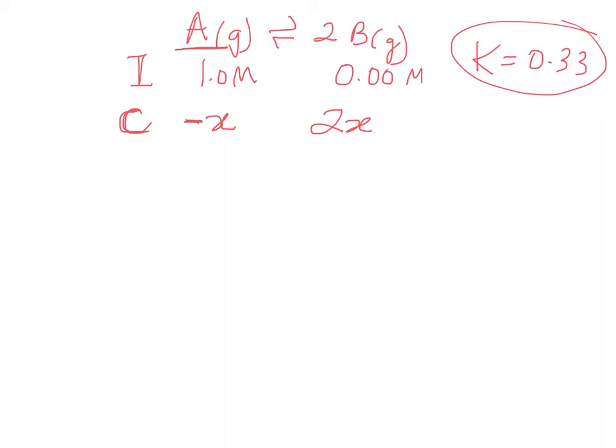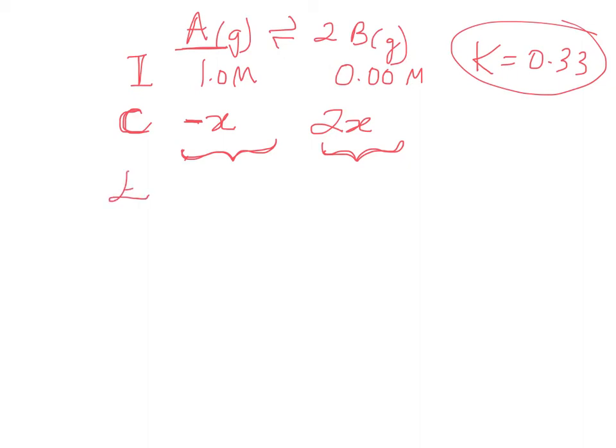Since I know nothing about what goes on at equilibrium, I'm just going with the change that occurs in the concentration of A as well as B. And since the stoichiometry of the reaction describes that for every mole of A that reacts, 2 moles of B should get formed, I used that to figure out the negative x representing the moles of A that would have reacted, and 2x representing the B that got formed.